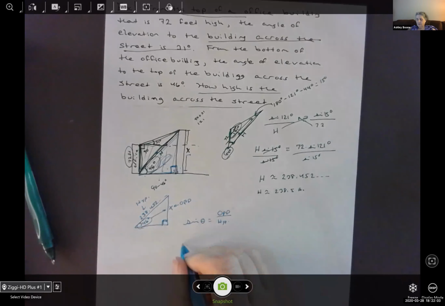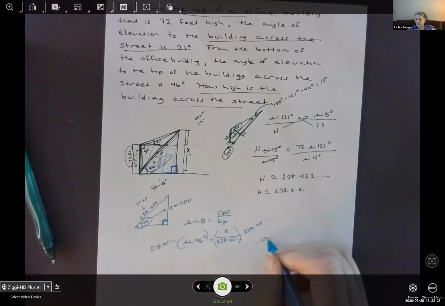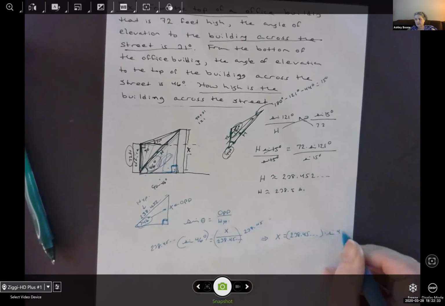So the sine of 46 degrees is equal to the opposite side of X divided by the hypotenuse. So I can undo the division by multiplying both sides. So that tells me that X is equal to that 238.45 number times the sine of 46 degrees.